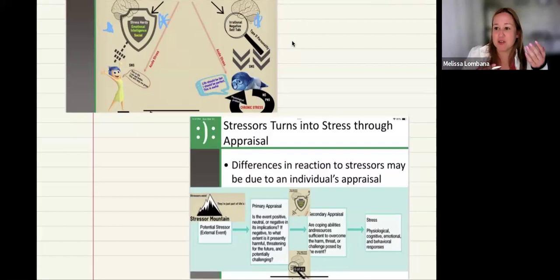So it's always good to think, wait a minute, I have the tools, or where can I find the tools to deal with this stressor in order to move on, so that we don't get stuck in a whirlwind of stress with the sympathetic system constantly going.